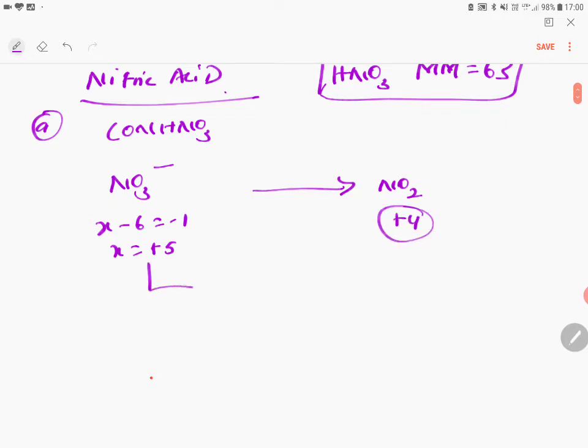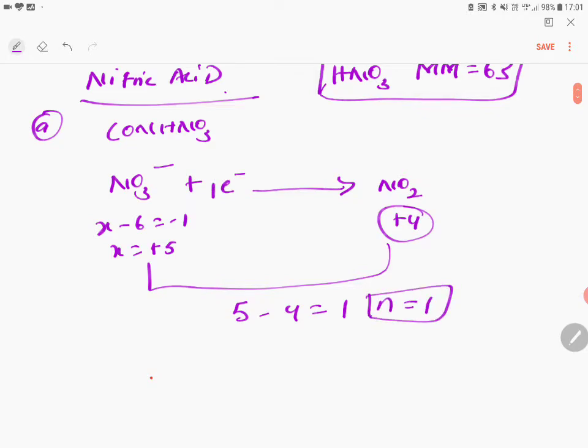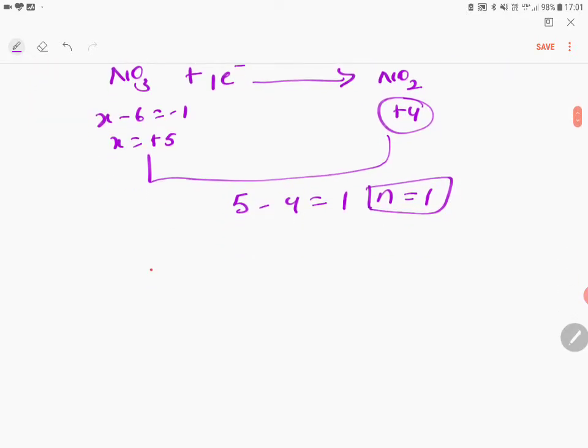So the change in the oxidation state will be 5 minus 4 is equal to 1. Therefore n factor is 1. So the equivalent mass of nitric acid in this case, concentrated nitric acid, will be molar mass divided by 1, which is 63 grams.